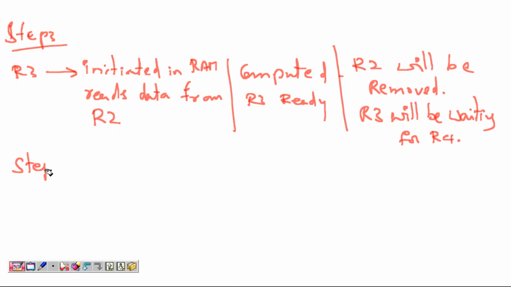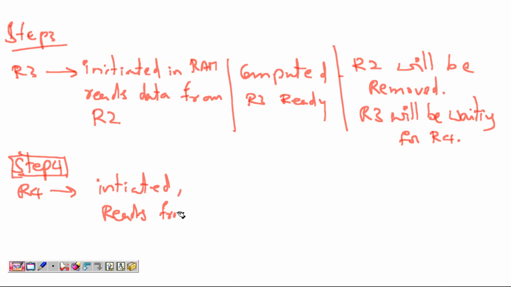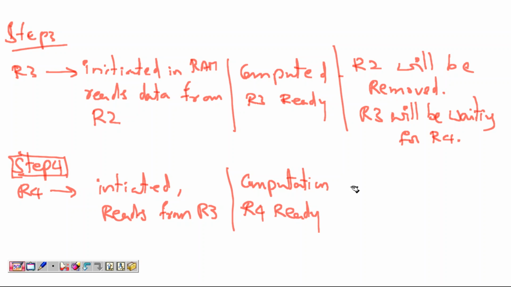The final step, step 4: R4 is initiated, reads from R3, then computation, because you applied another map transformation, that computation will happen, then R4 is ready. Then immediately R3 will be removed. Previously R3 was waiting for R4, right?